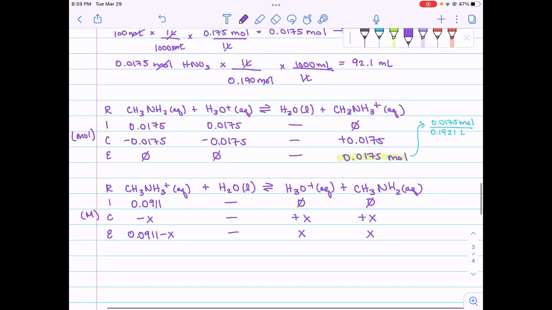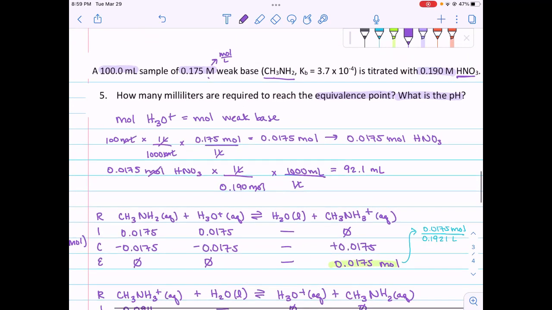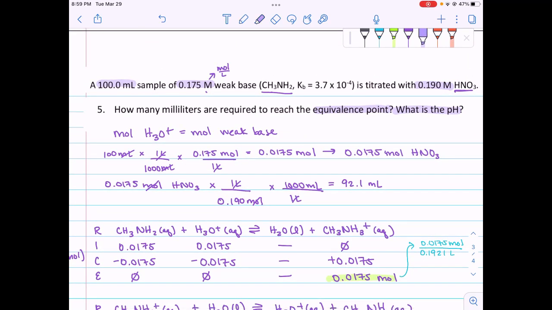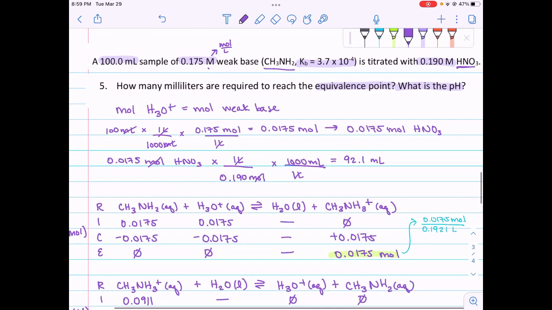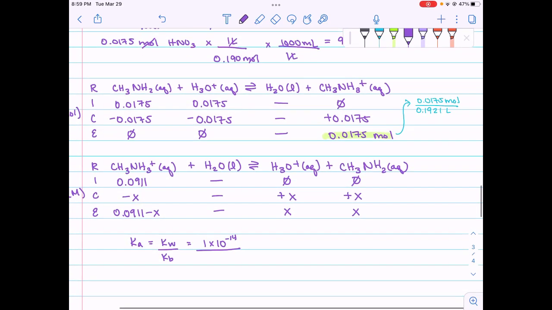We need to know what the Ka value is for this acid. If we scroll up to the top, we'll see that we were given a Kb for the corresponding base. So we need to convert Kb to Ka. Remember that Ka is equal to Kw divided by Kb. Kw is 1 times 10 to the negative 14, and our Kb that we were given is 3.7 times 10 to the minus 4.